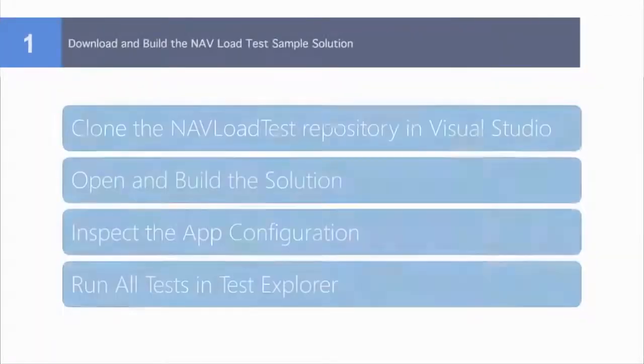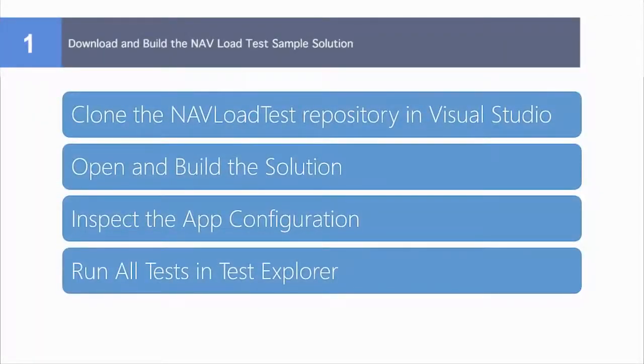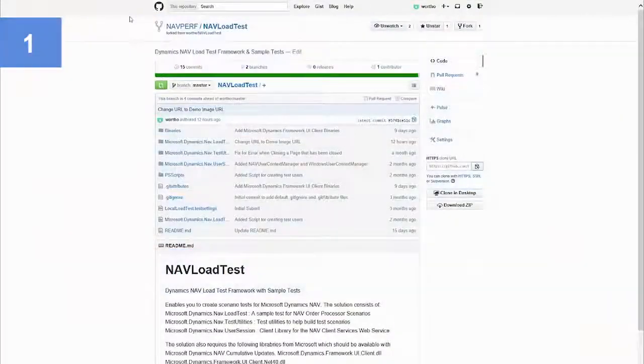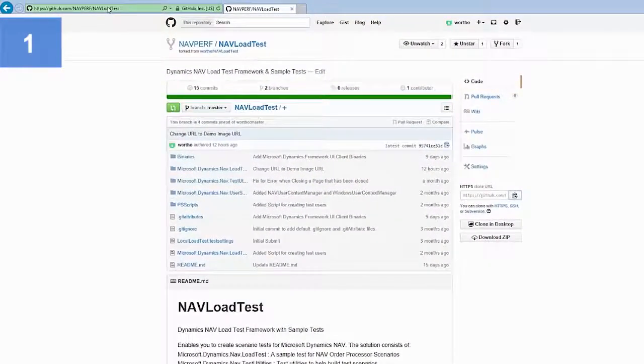So the first step is to download or clone the NAV load test solution. The solution is available on GitHub, and if you haven't used GitHub before, don't worry, it's very easy to use with Visual Studio. I'll show you. So here is the GitHub homepage for the NAV load test, very easy to find.